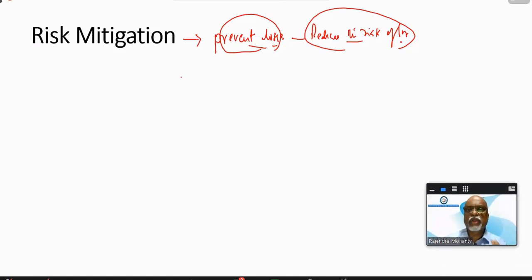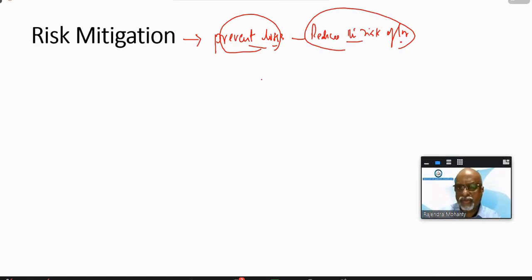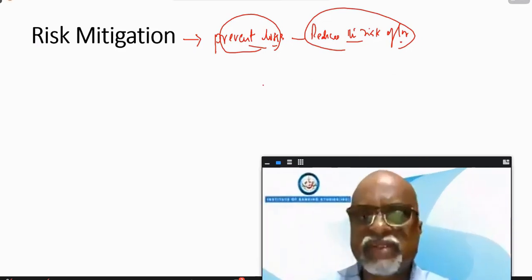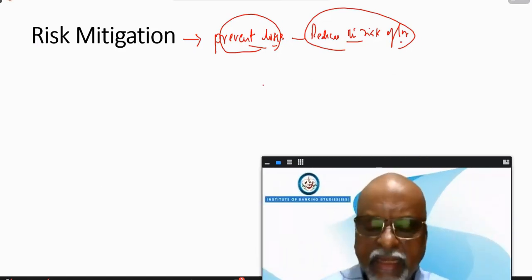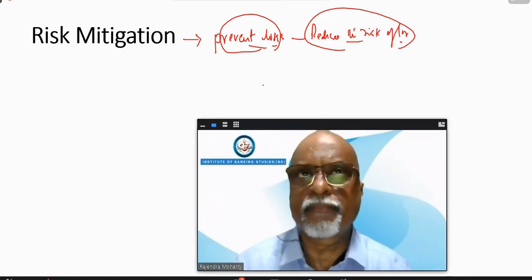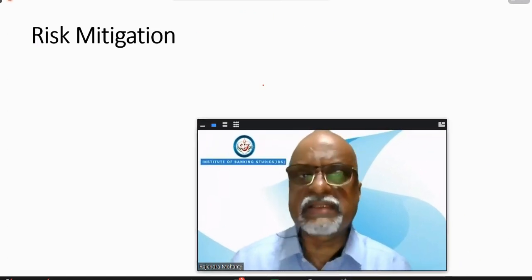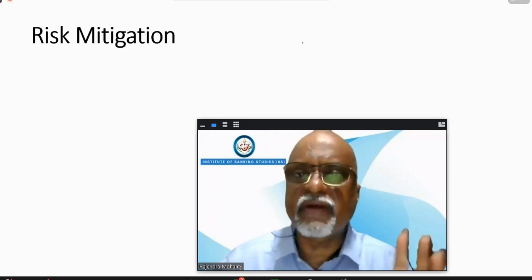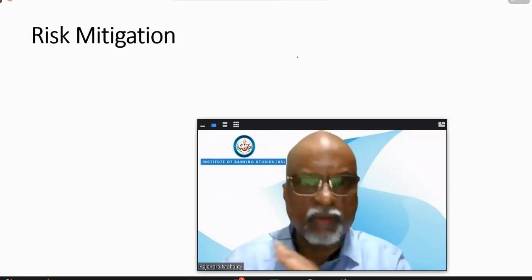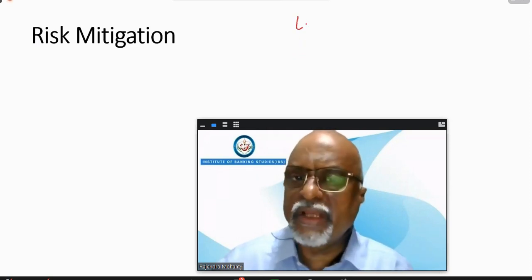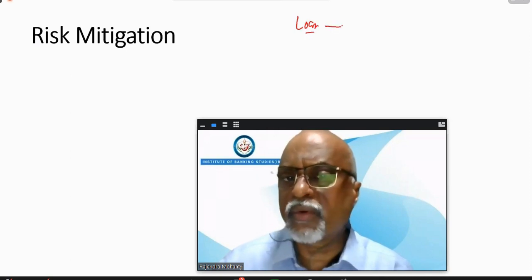Is there anything available other than these risk management procedures? So basically risk mitigation is a strategy to reduce the loss arising out of adverse uncertainties in our banking business.